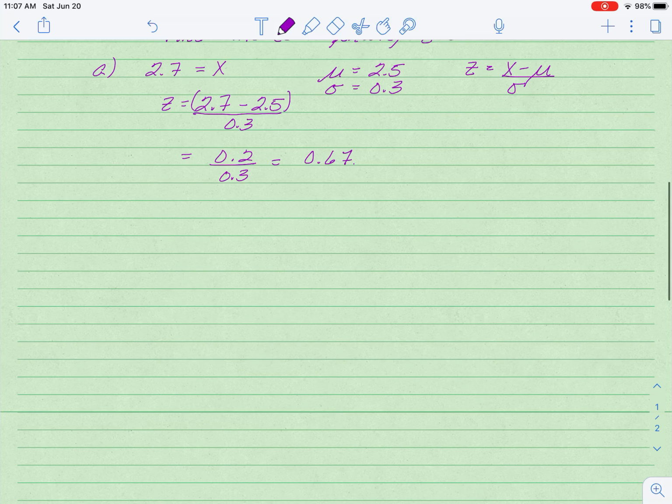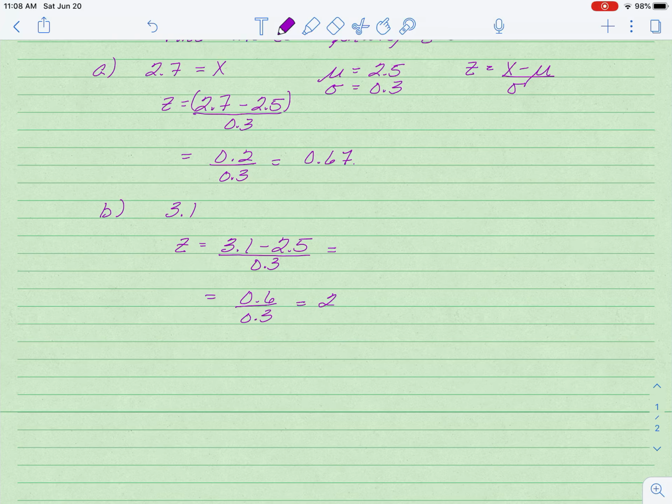So let's find another one. Let's do 3.1. z is equal to 3.1 minus 2.5 over 0.3. So this is 0.6 over 0.3, or 2.